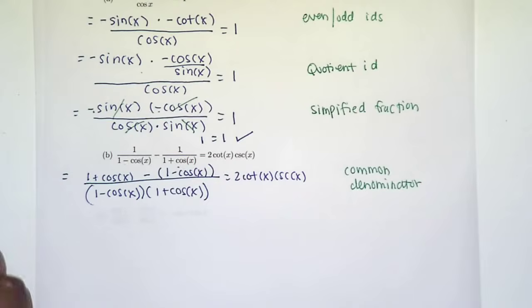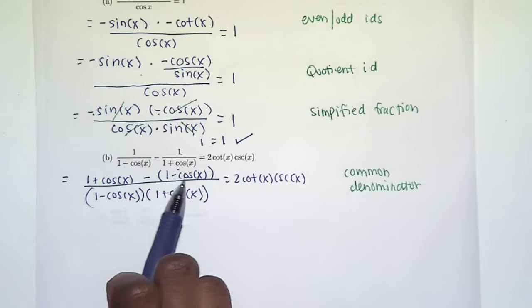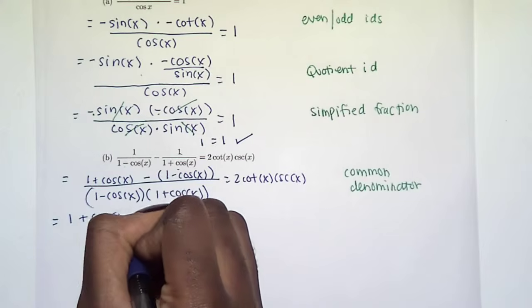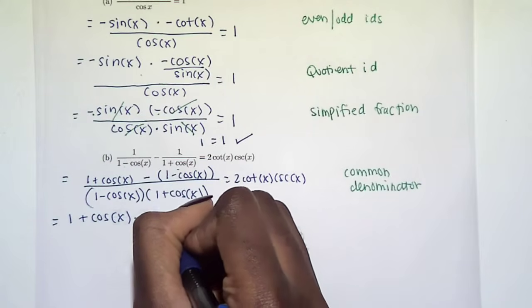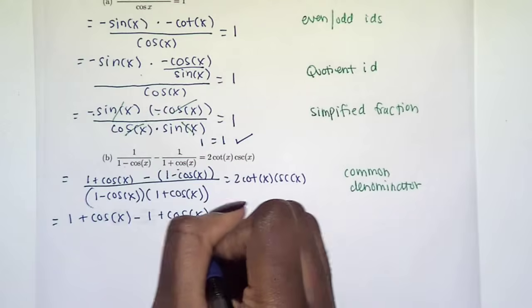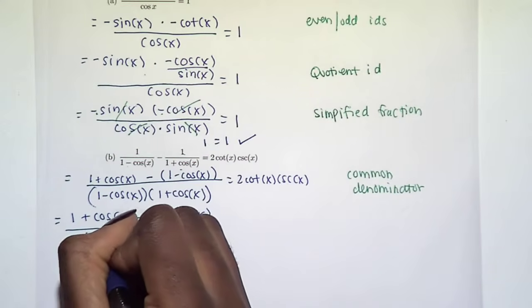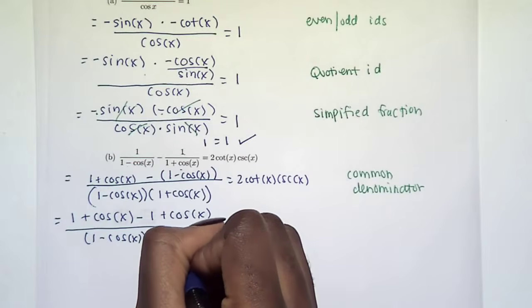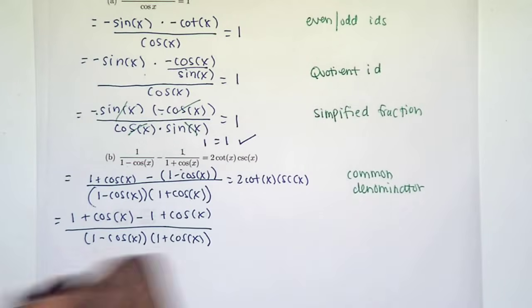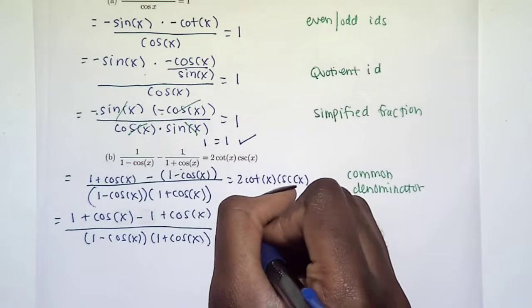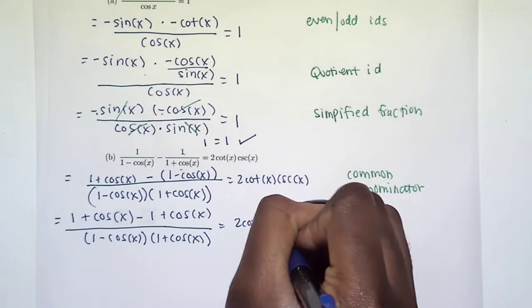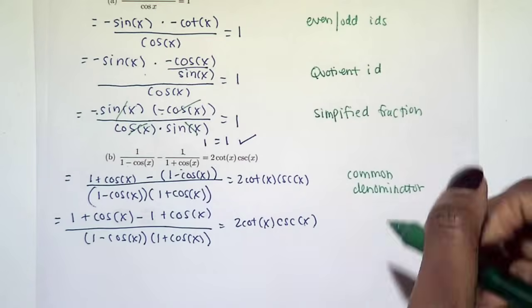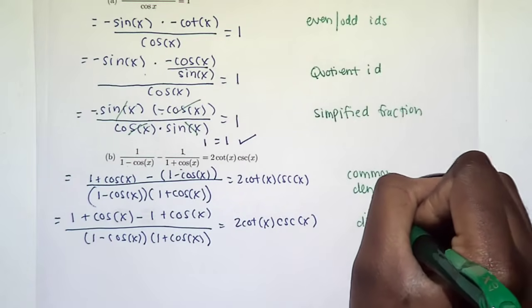All right, what's next? Maybe I should distribute this negative right here. All right, so here, just distribution is what's happened.